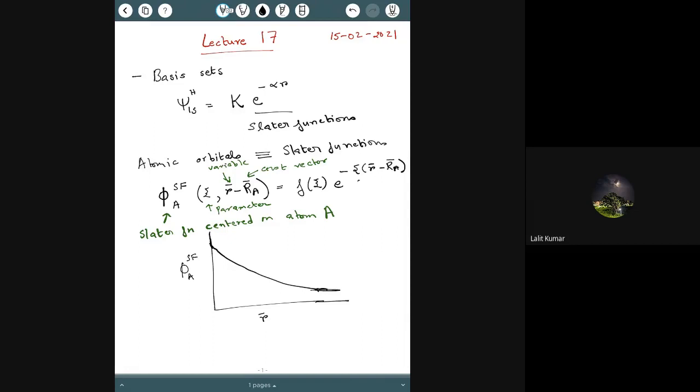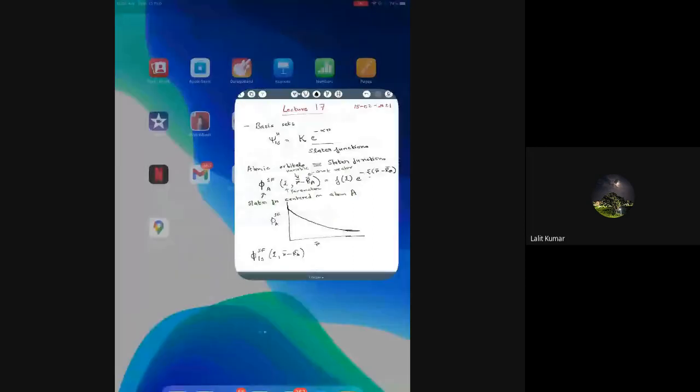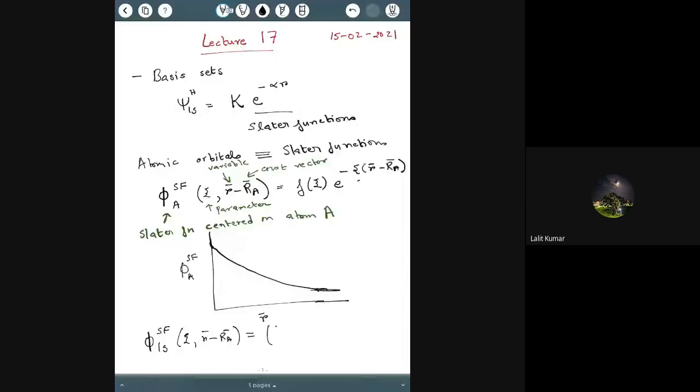So let's write the Slater function for a 1s orbital in general. So not necessarily hydrogen. Then it is a function of xi and r minus Ra, and this looks like xi cubed by pi to the power half e to the power minus xi modulus r minus Ra.